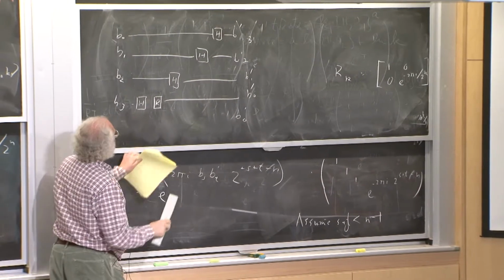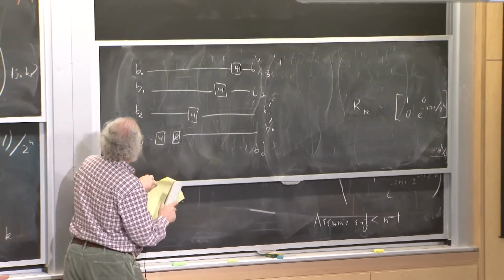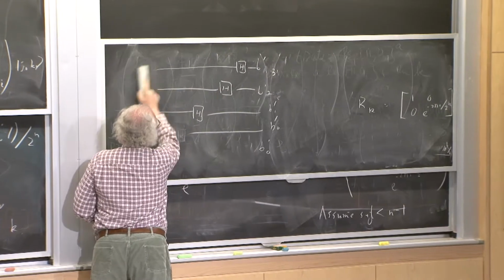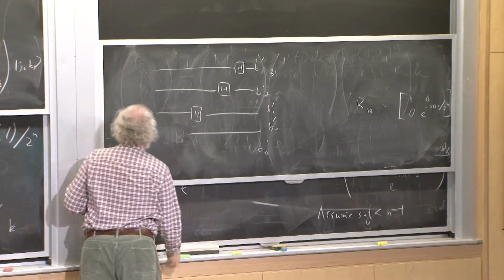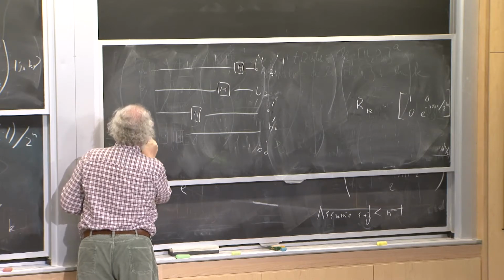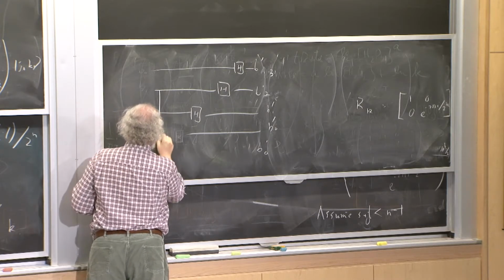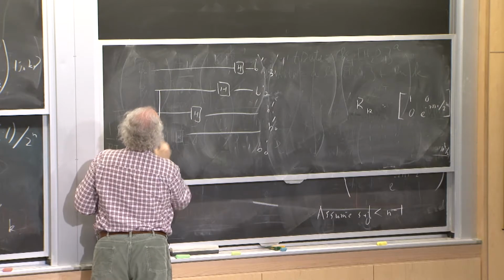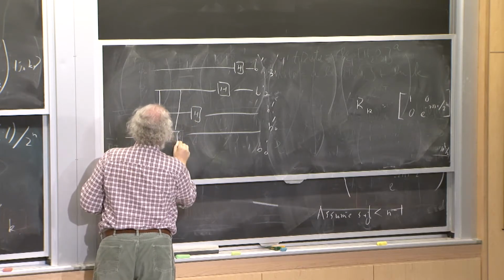And maybe I should just put the gates in now and then explain exactly why I put them in. So here, I'm going to put an R2 here, an R3 here, and an R4 here.